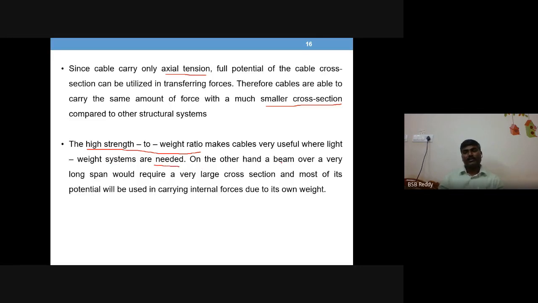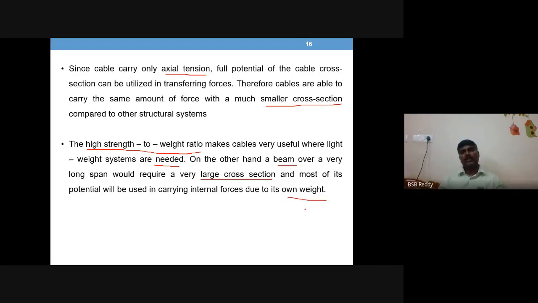So if you use a beam, as I said in the case of bridges, what happens? It is going to be a very long span, so the bending moment will be proportional to the square of the span. That's why you have to provide a very large cross section, and that makes the self weight enormously increased.